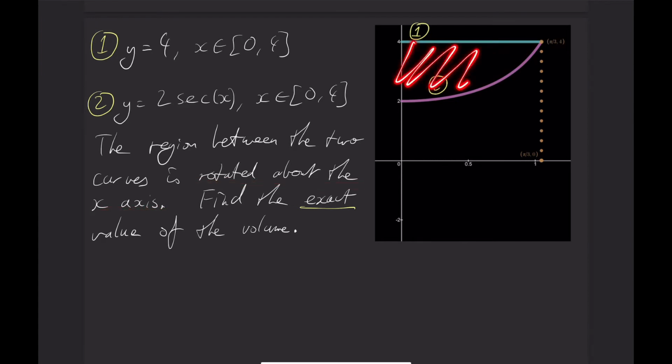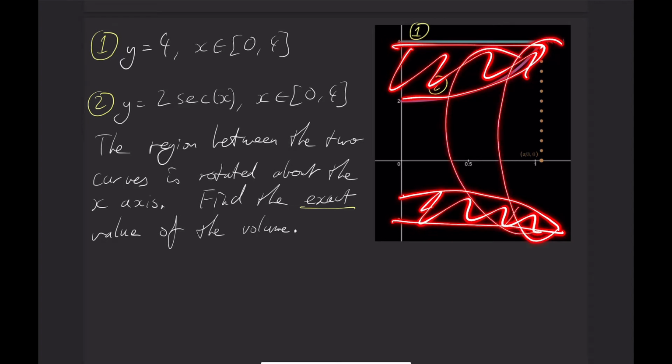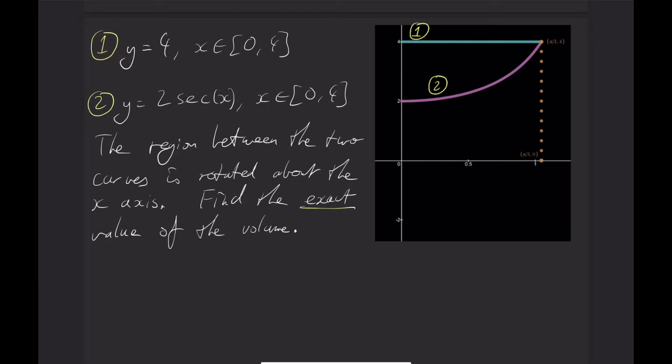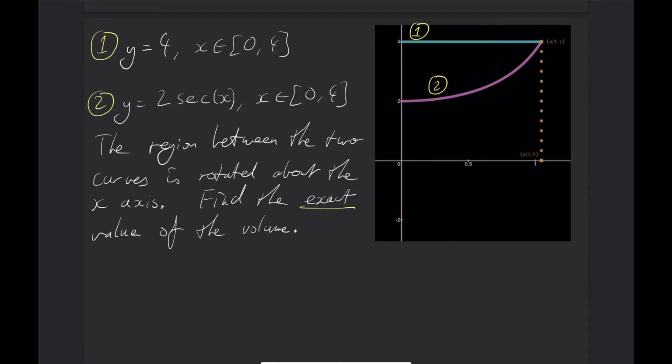The region between the two curves, so that's this region here, is rotated about the x-axis. So we're going to have this region creating a kind of tube, and we're looking for the exact volume of this region rotated about the x-axis.